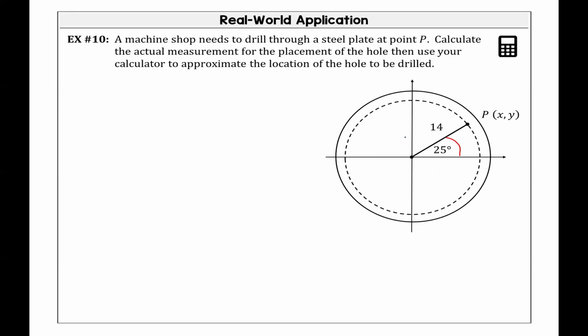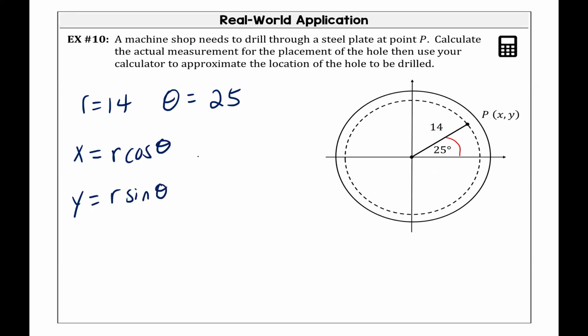So it tells me my radius is what? 14. It tells me that my theta equals 25. So can I find X and Y with radius and theta? Yes, because X equals what? R cosine theta. And Y equals R sine theta.